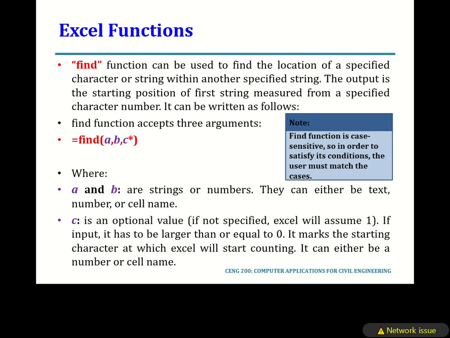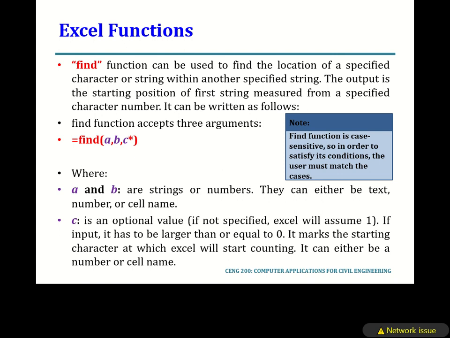So the FIND function will give you the location of a character in the cell, or in the number, where this character is appearing. It takes 3 arguments, as you can see, and C is shown as optional.